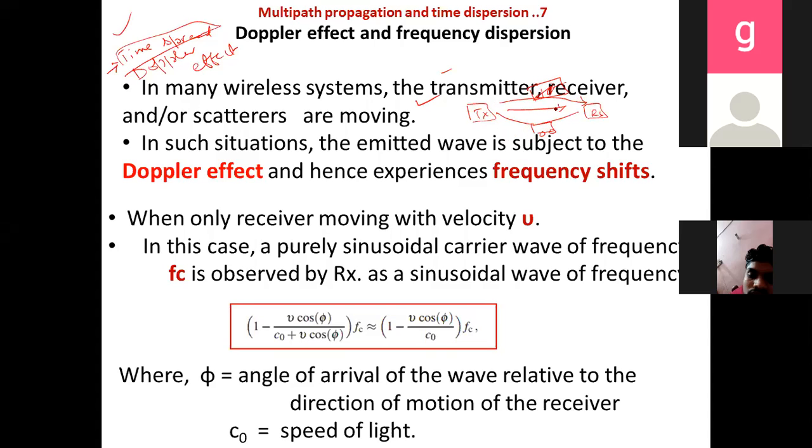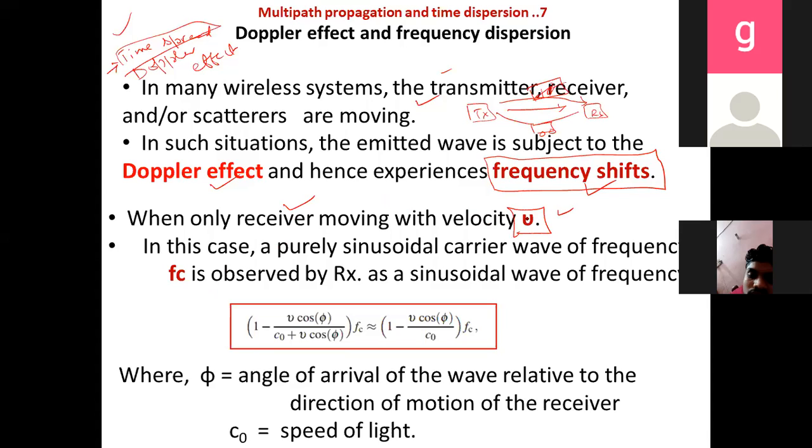We have a transmitter and receiver in a medium. The medium may be static or may be dynamic. So in such situations, the emitted wave is subject to the Doppler effect, and hence experiences frequency shifts, meaning variation in the received frequency. So let us consider only the receiver is moving with a velocity v.